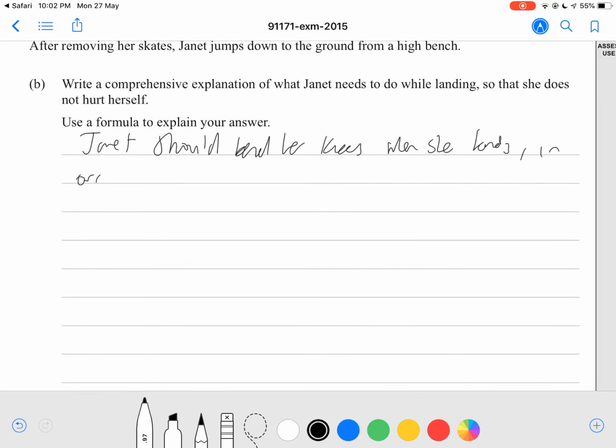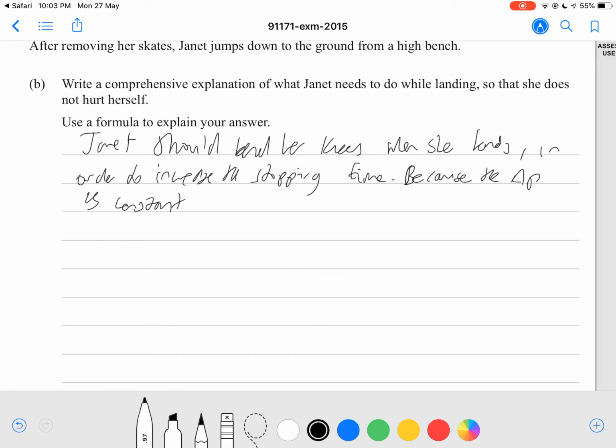So we're going to say, in order to increase the stopping time, okay? To increase the stopping time, because the change in momentum is constant.